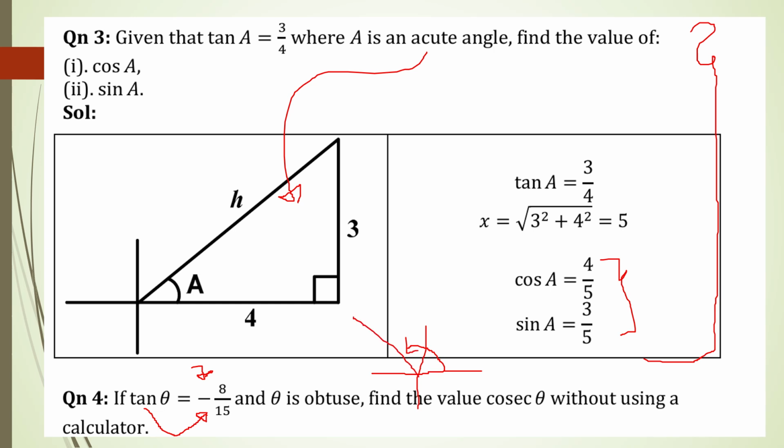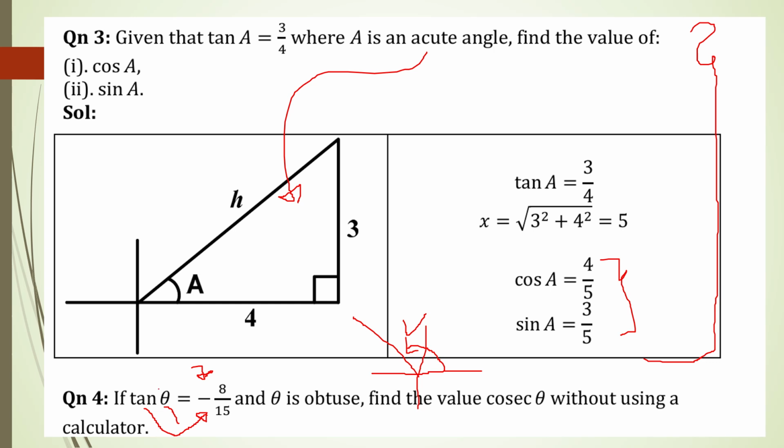The reason why they made it negative is because in the second quadrant, which is where our sketch is going to be lying, it's only sine which must be positive. So it means that all answers of tan and cos must be negative.